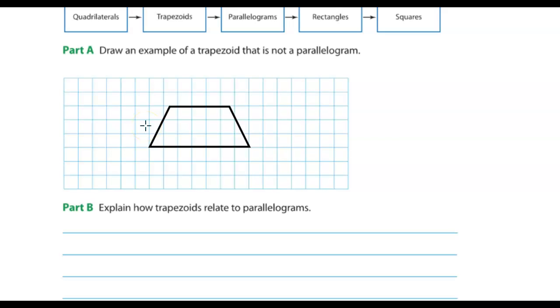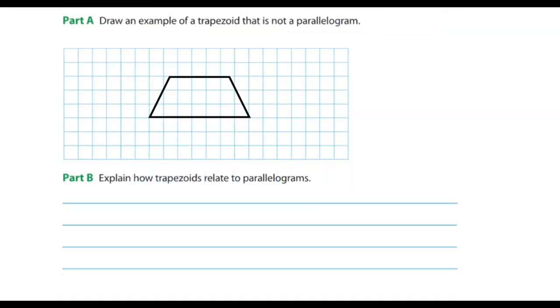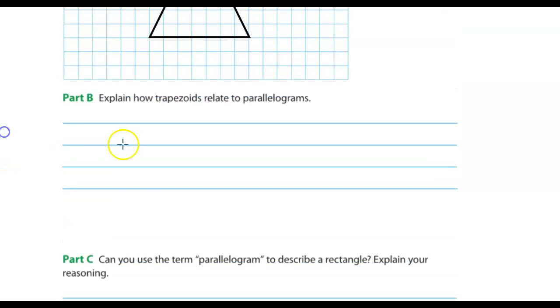So trapezoids have at least one pair of parallel sides, where parallelograms have to have those two pairs of parallel sides. So all parallelograms are trapezoids, but not all trapezoids are parallelograms. So it has to do with the sides. Trapezoids have one pair of parallel sides. Parallelograms have two pairs of parallel sides. And that is what you would write right here.